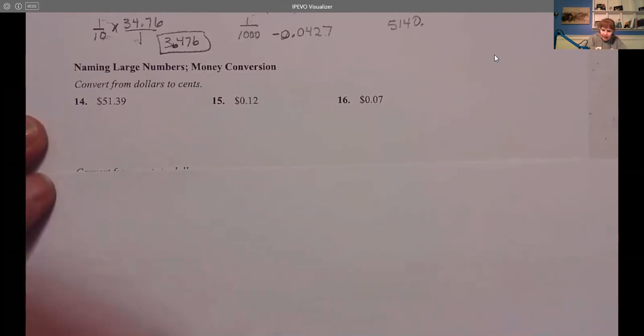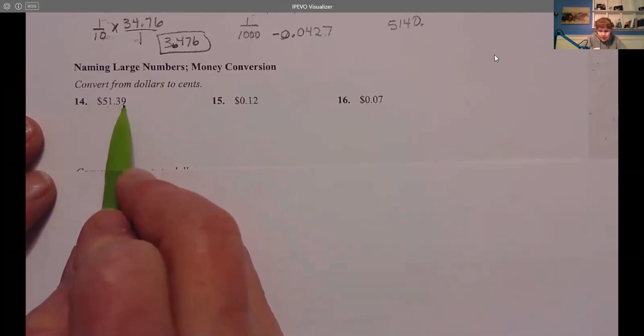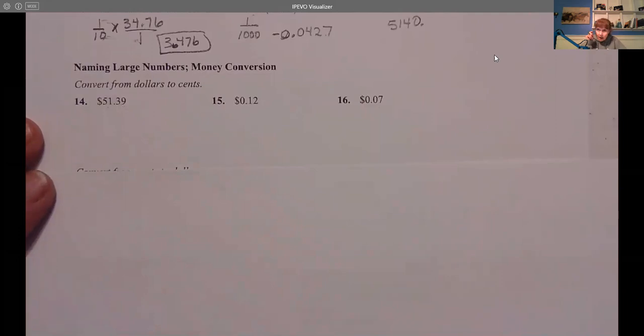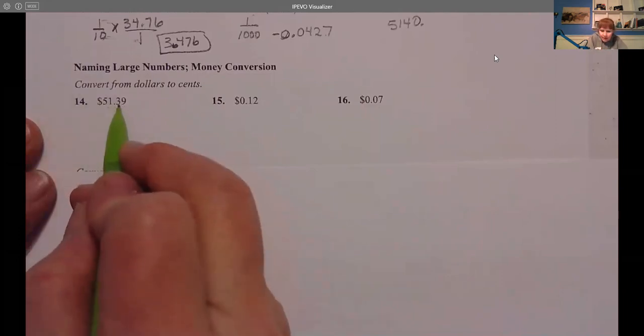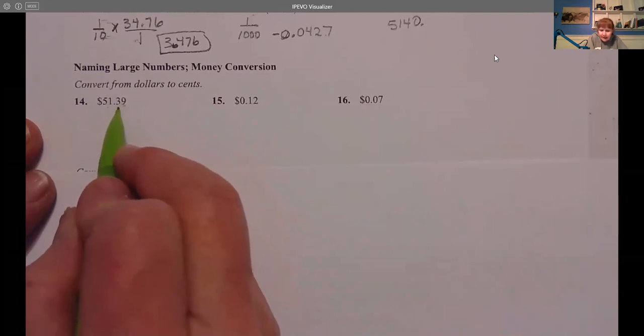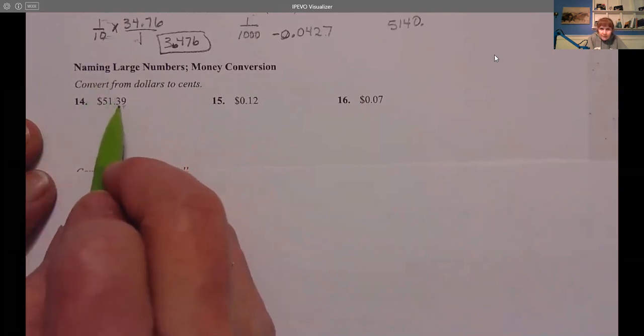All right, so again, $51.39. We want to convert this to cents only. The key is that there are 100 pennies in every dollar. So this 0.39, even though we say 39 cents, it's actually $0.39. So to go from dollars to cents, you're going to multiply by 100 because every dollar has 100 pennies in it.